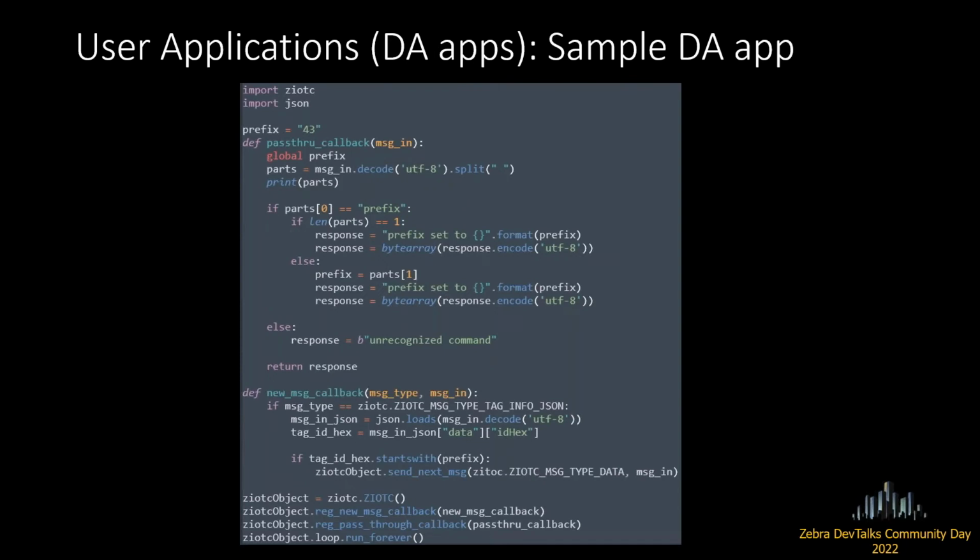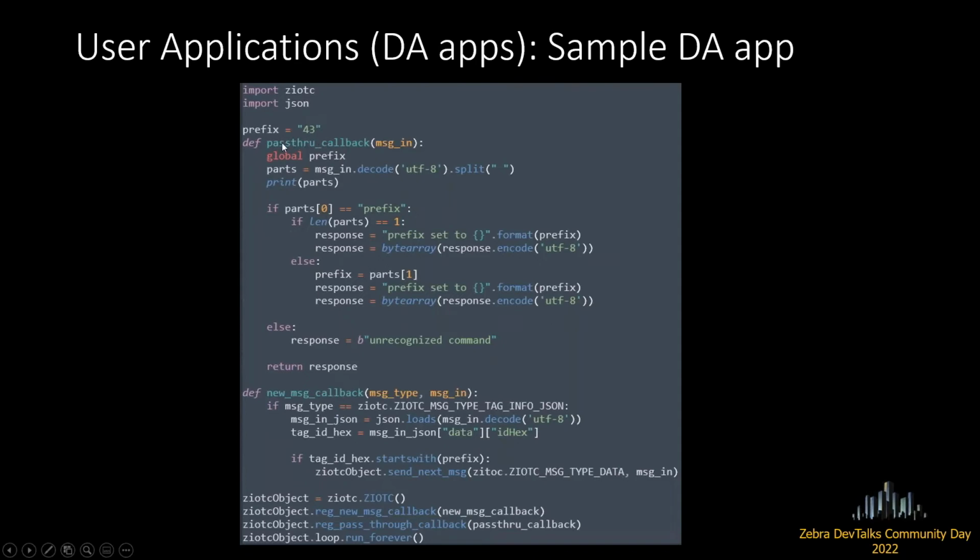If you want to send the command to the DA app, then there is a separate IoT connector command called set data to user app that can be used by the applications. And once the DA app registers a pass-through callback, that command, when received by the reader gateway, will be sent directly to the DA app, and this callback will be invoked.